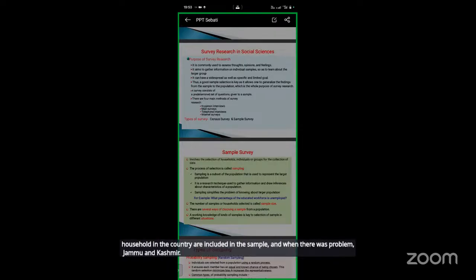So each household in the country is included. When there was a problem, Jammu and Kashmir was excluded, and that was a political issue. But generally, each household is included.